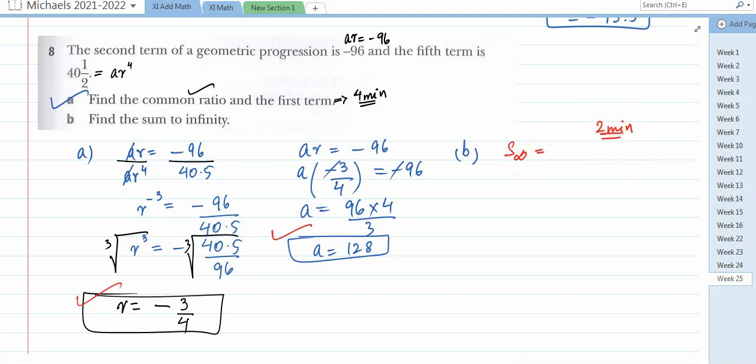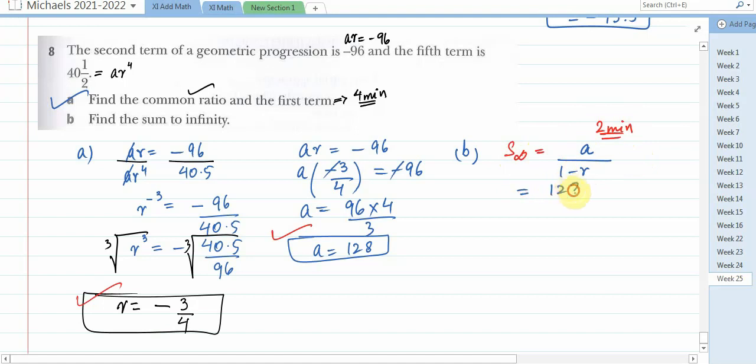So start. Alright, S infinity is a divided by 1 minus r. The value of a is 128, divided by 1 minus r, which is minus 3 upon 4. Now in the denominator I will take the LCM, that will be 4 plus 3 divided by 4. It will be 128 divided by 7 divided by 4.